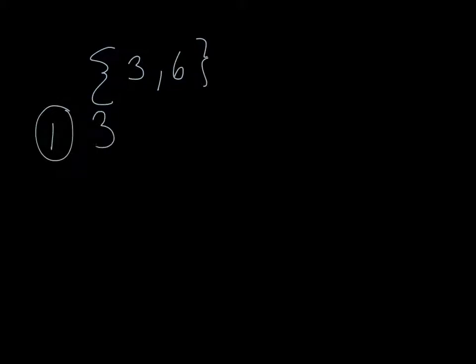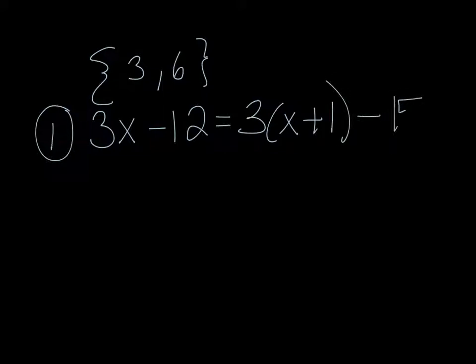Okay, so let's try this problem. We've got the same set, 3, 6, and let's try the first one. So we're going to do 3x minus 12 equals 3 times x plus 1 minus 15. In white I'm going to plug in a 3.